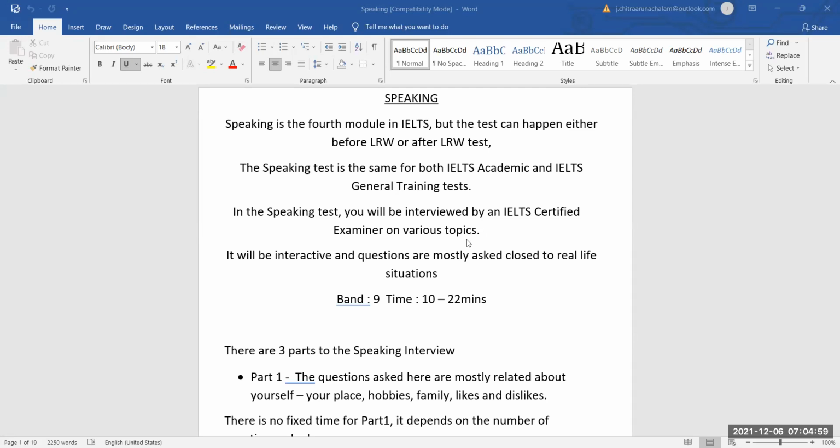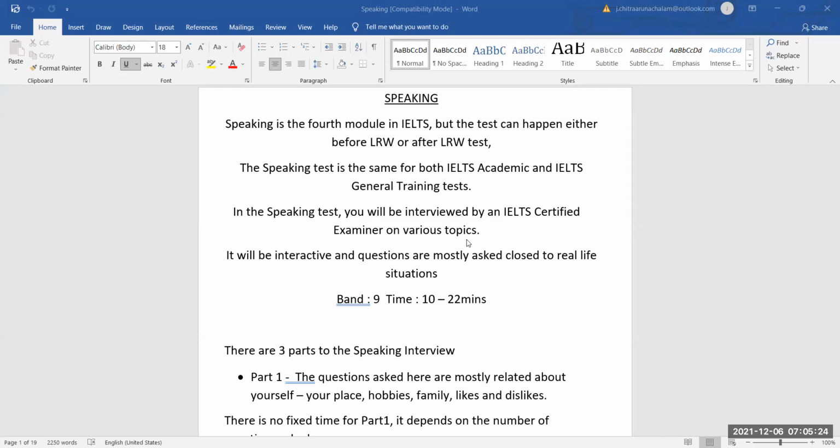All the 4 modules are same for both academic and general, but there is a slight variation in writing task 1. Academic students will be describing statistical or non-statistical information, whereas general students will be writing a letter. Simple as that.